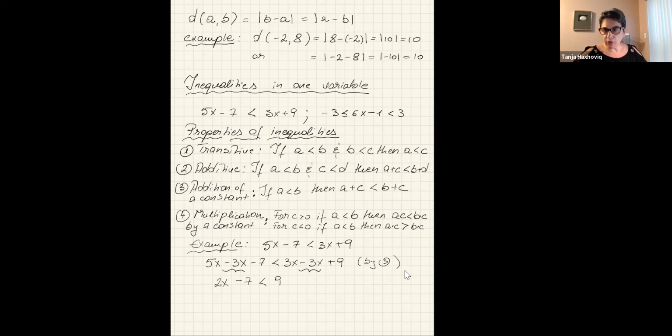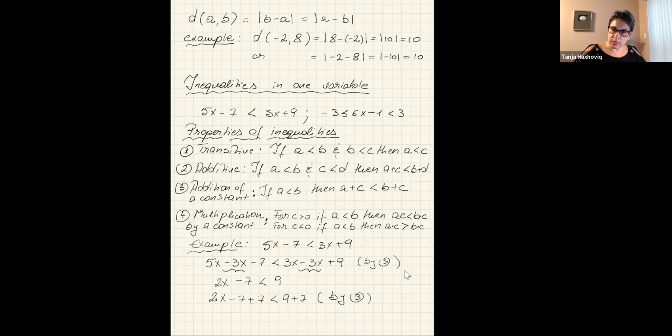Now you want to get the 2x by itself. To do that, you need that minus 7 to move to the right-hand side. Again, you achieve this by adding 7 to both sides, again by property number 3.